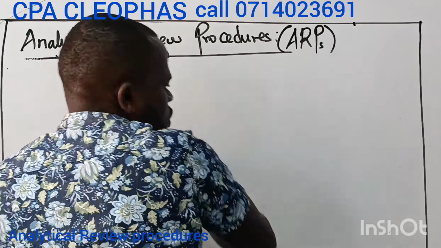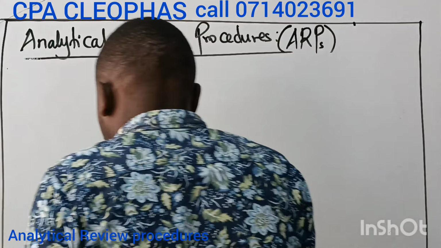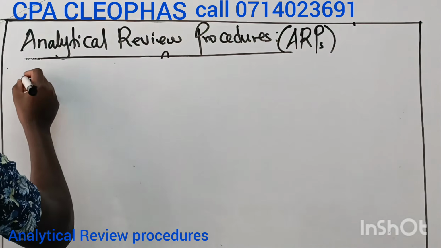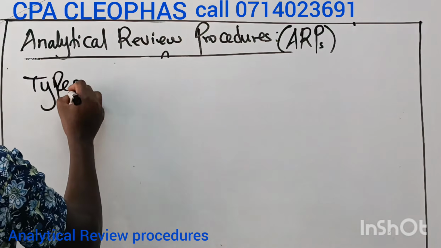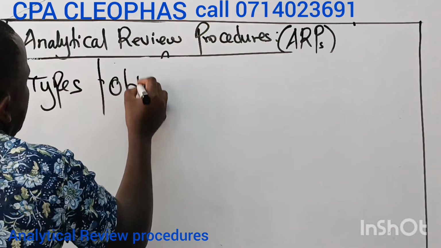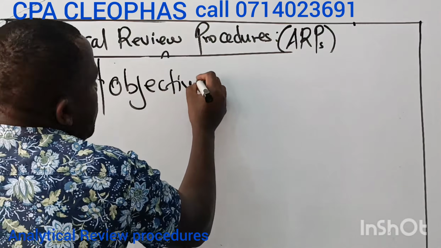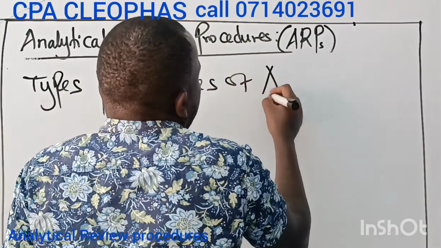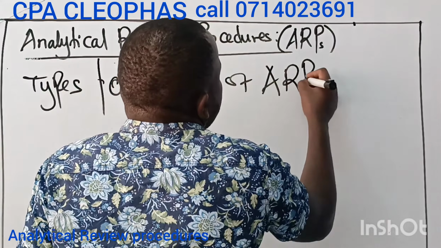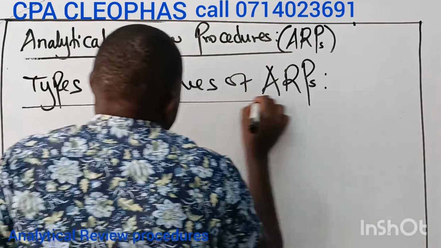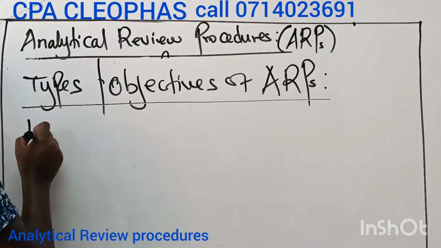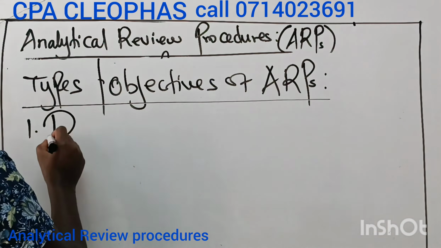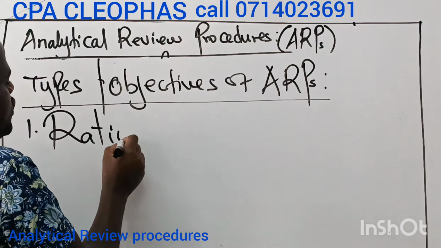So that is the next concept I want to cover here. Let me talk of types, stroke the objectives, of analytical review procedures. Number one is ratio analysis.